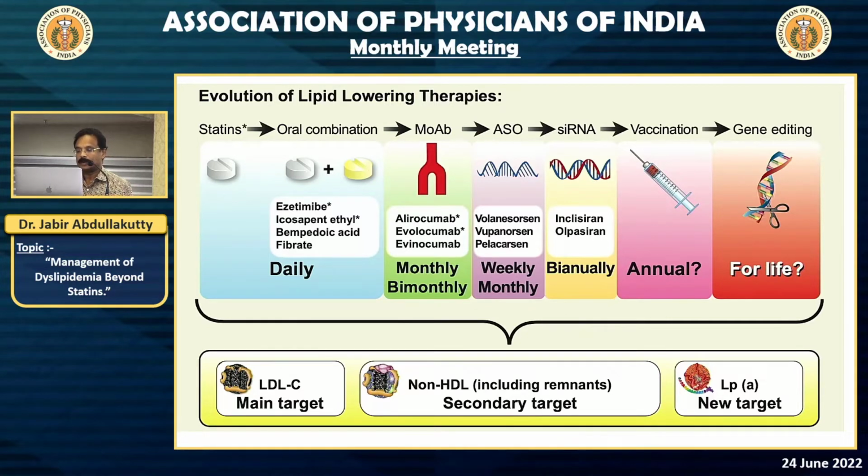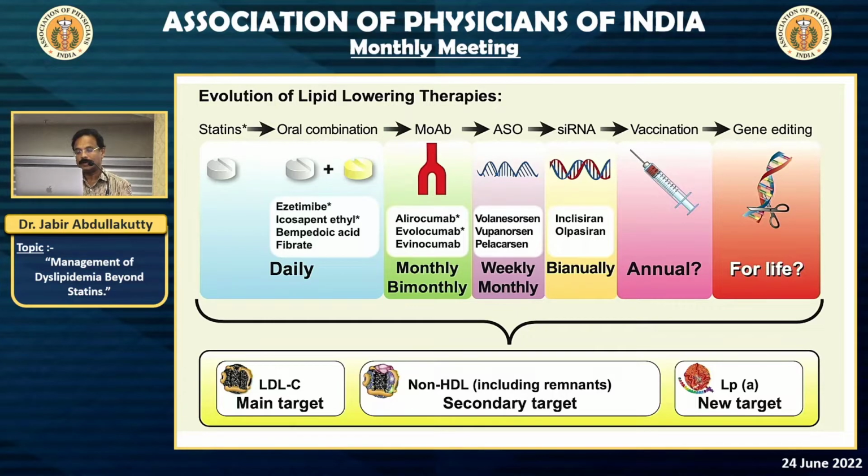Then the monoclonal antibodies, which can be given either monthly or bi-monthly, alirocumab, evolocumab, and evinacumab. And the new one coming in, that is the antisense oligonucleotide, volanesorsen, vupanorsen, and pelacarsen. Then the small interfering RNA, which can be given once in 6 months, inclisiran and olpasiran, and going for gene editing so that it is a lifelong therapy.